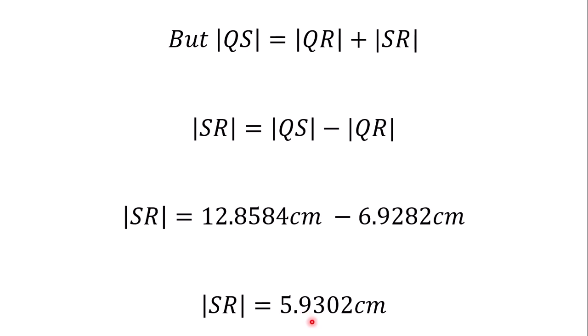They say 2, so 1, 2. The next number here is 0. It falls between 0 to 4. If it falls between 5 to 9, we just consider it as 1 and add it to this one. But because this one is 0 and falls between 0 to 4, we just take it as 0, and 0 plus this one will give us 3. So when we correct this to 2 decimal places, it's going to give us 5.93 centimeters.